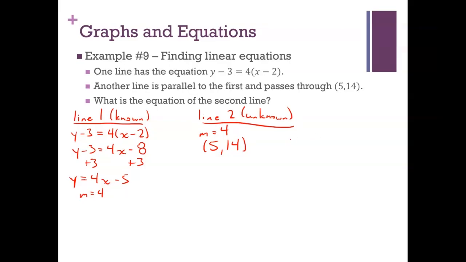So we can always go back to this, y equals mx plus b. And really, your equation is done as soon as you figure out what m and b stand for. Do I know either m or b right now? M is 4. So y equals 4x plus b. What do I need to know to find b?